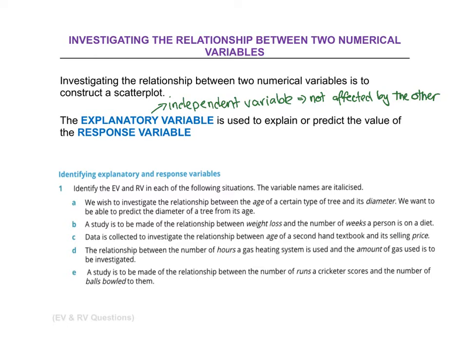The response one, in your science, you know as the dependent variable, and it's generally the one you're looking at. You want to see what happens. With height and weight, there's not much we can do with people's height. They are what they are. But we will look at their weights and see what happens.